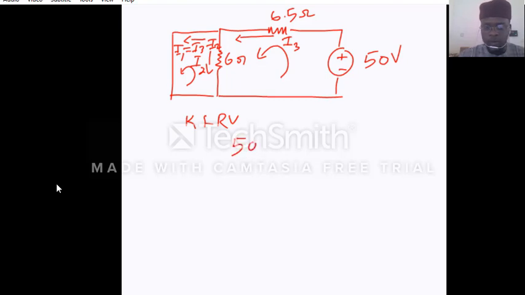We now state our law: the summation of electromotive force and potential difference within a closed loop must be equal to 0. So our 50 volt coming through, and then 6.5, if you look at it, the loop and the current are in the same direction.